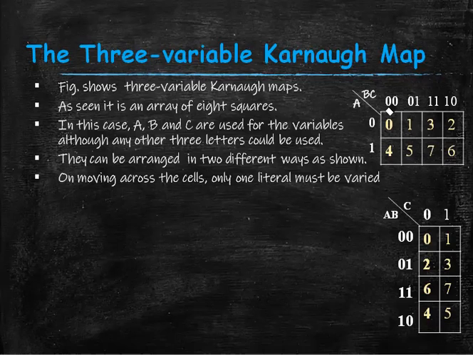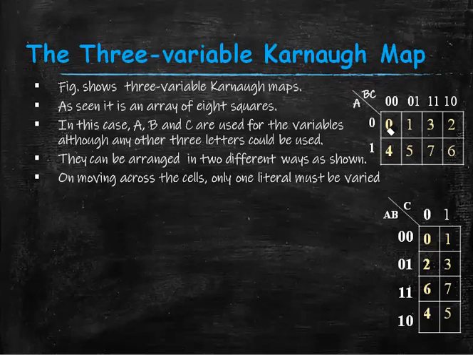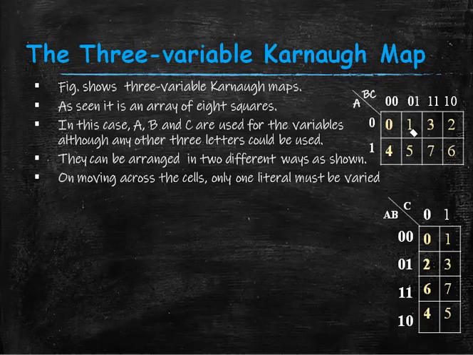Here, when we move from one square to another, only one literal must be varied. That is the position of this one. We know that it is 0, 0, 0, and the next one is 0, 0, 1.